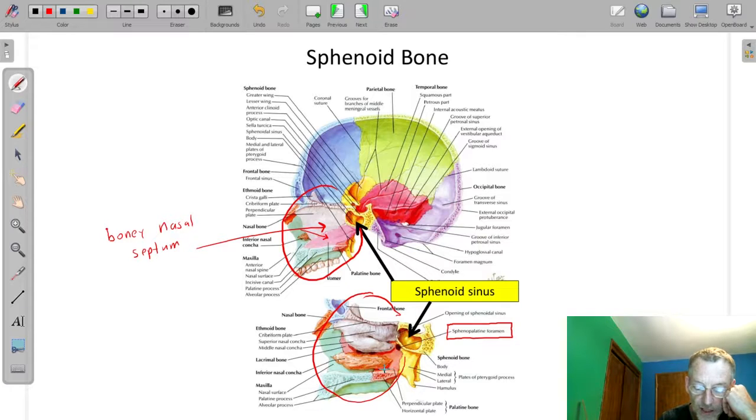If we go the other way, if we go from the nasal cavity out the foramen rotundum, where would we wind up? Leave the nasal cavity, go through the foramen rotundum. When you go through that foramen, where are you? Right, you're back into the pterygopalatine fossa. Keep working on it. Keep reviewing that.